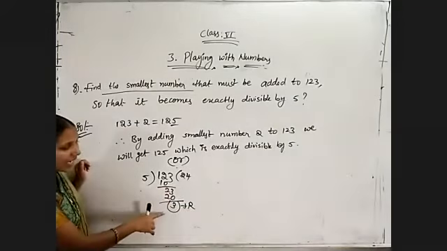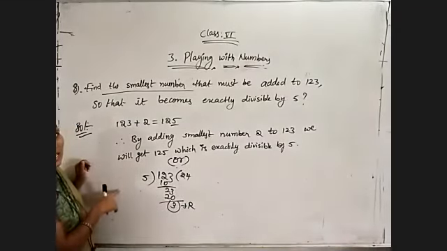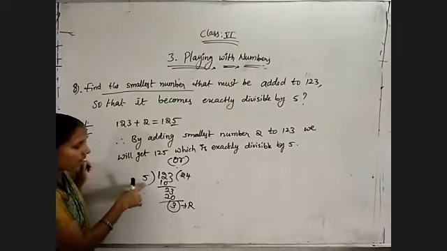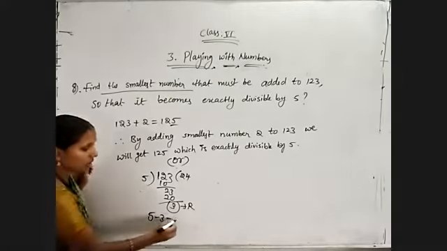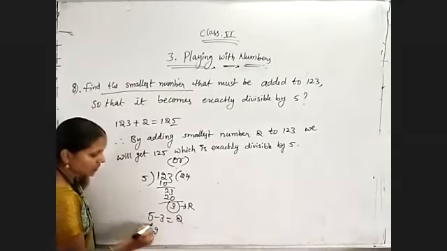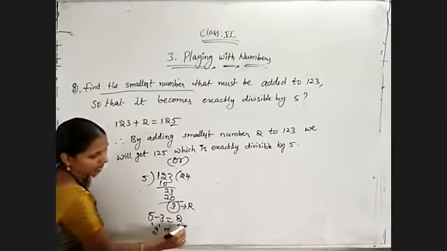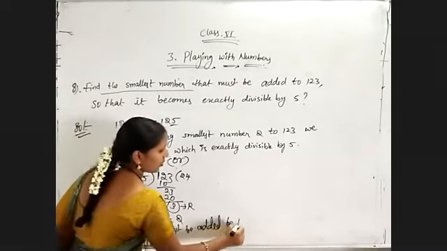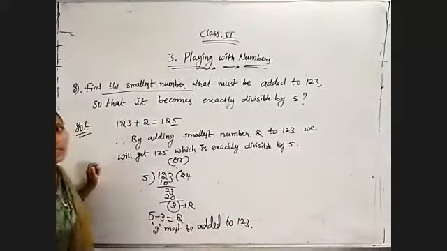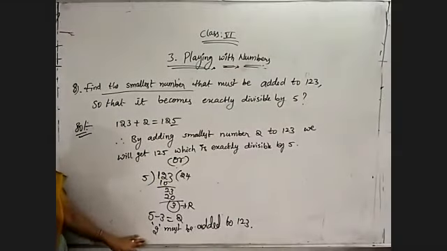If I add 3, 123 plus 3, that is not my question. 5 minus 3, divisor minus the remainder, is equal to 2. So 2 must be added to 123 to become exactly divisible by 5. So that is another method.